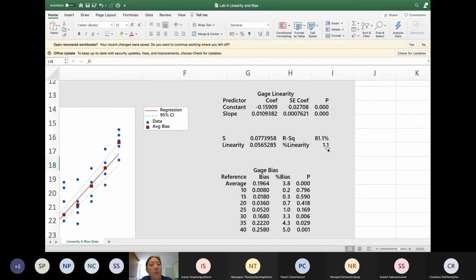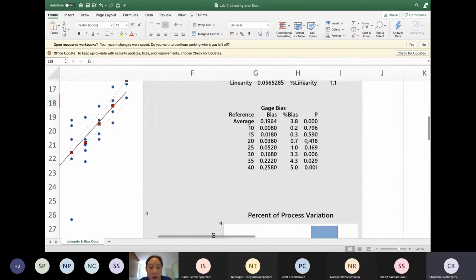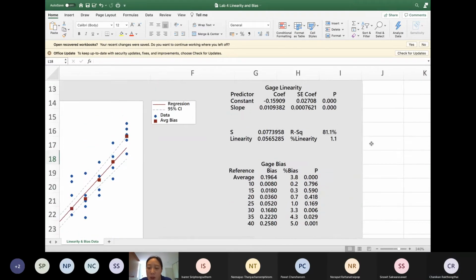Okay, the third question: at which reference values is the bias significant? Sirovit, could you help answer this question and tell the numbers that you are considering?